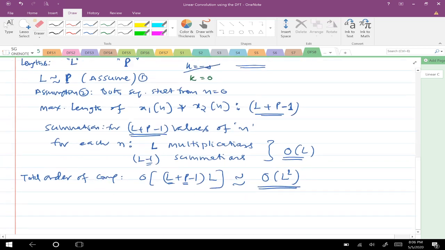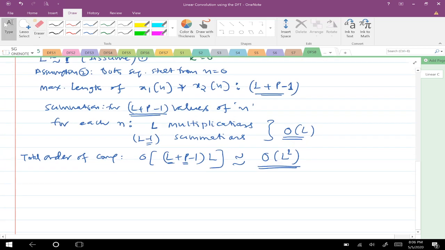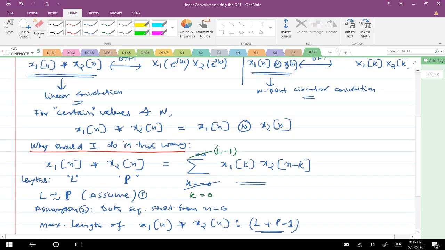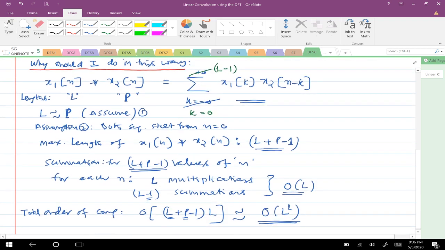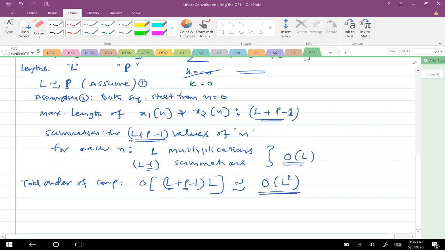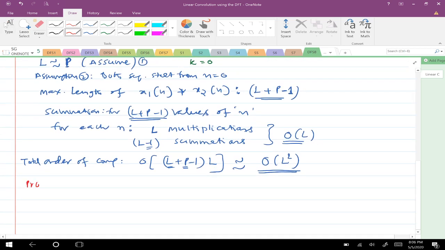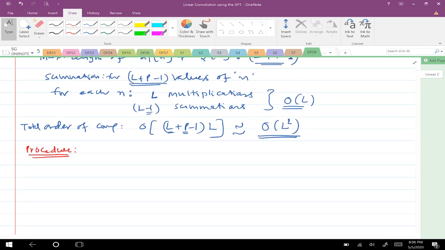Now suppose instead of that, what I could do is, as we mentioned here, what's the procedure that we would like to follow? Let me first give you the procedure and then come back to the computational complexity of it. So as a first step, I want to compute n point DFTs for these x1 and x2.